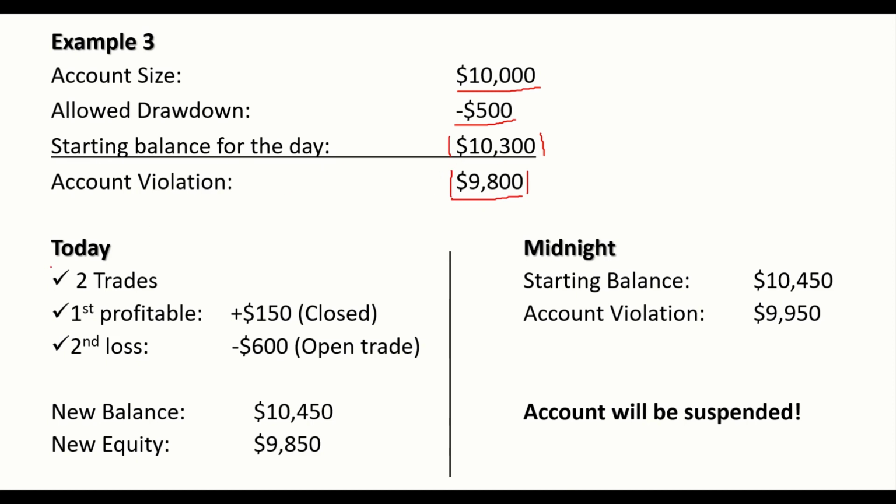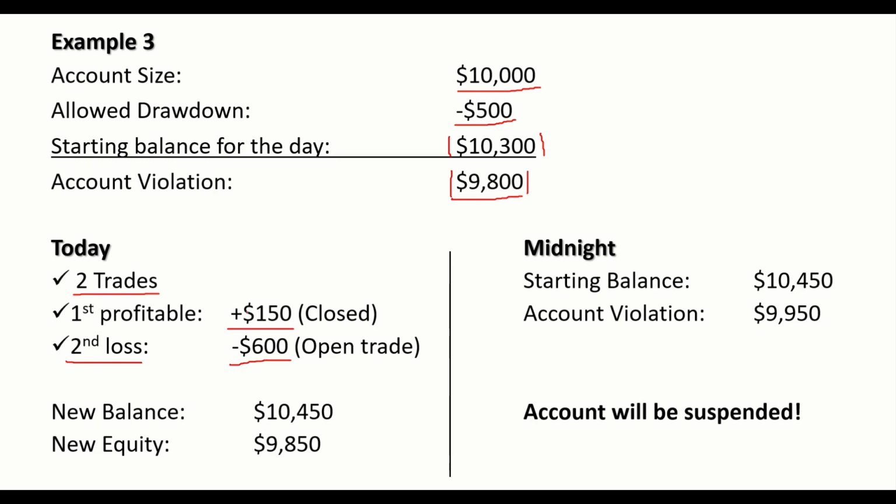So in this example, assuming we take trades, this is our starting balance for the day, 10,300. We take 2 trades. The first one is profitable, and we close with a profit of $150. And the second trade goes into a loss of $600.